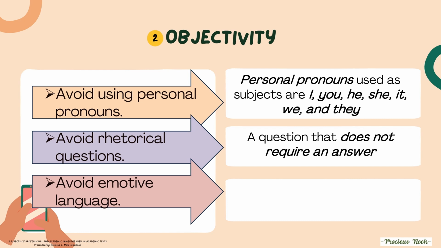The speaker may start by asking a question like, "Do you ever wonder why I became successful?" Certainly, the speaker doesn't need an answer from the audience. Rather, he only wants to catch their attention. Another is to avoid emotive language. Emotive language is a word or phrase meant to evoke an emotional response to a subject. To be objective, we need to follow these rules.